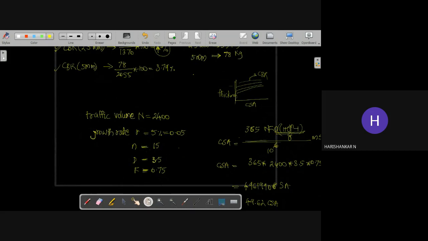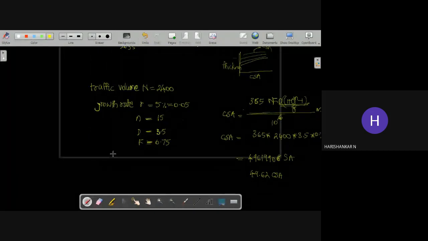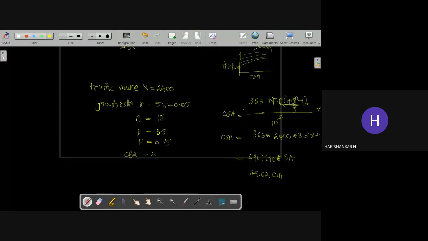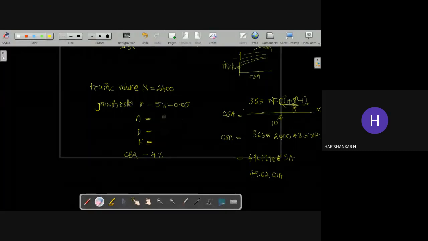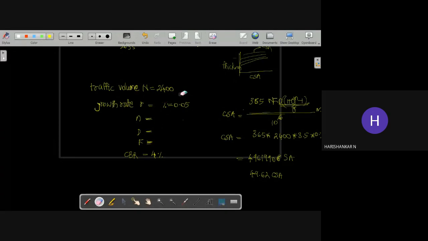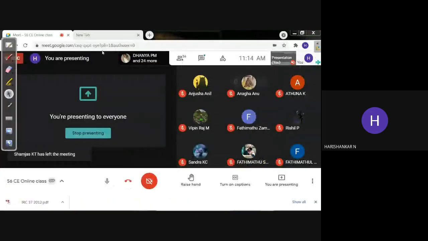Okay, here we are having a CBR of 4%, and what about the remaining values? From the question, you can have the values.